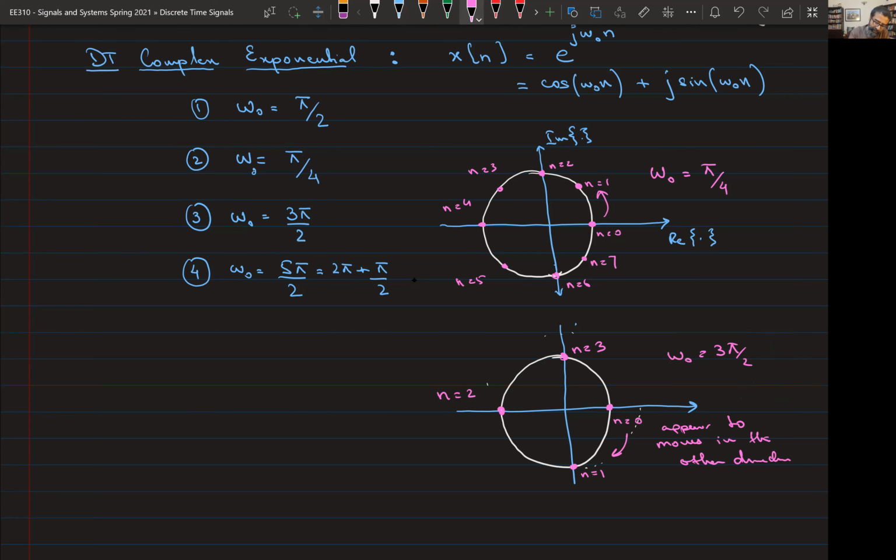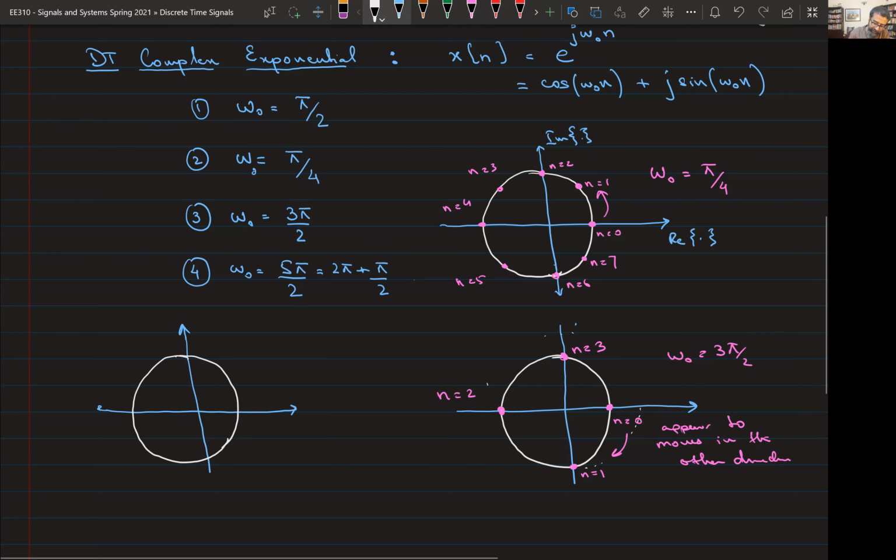Now let's see what happens with omega naught equals 5π/2. Another circle, right? This is the real axis. This is the imaginary axis. Now, at n equals 0, of course, you're at 0. Think of the angle as 0, right?